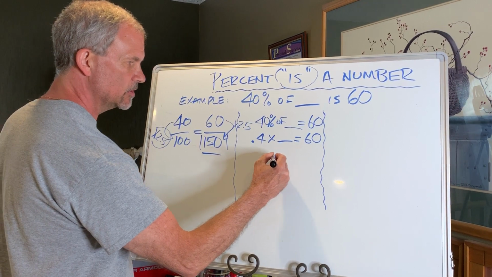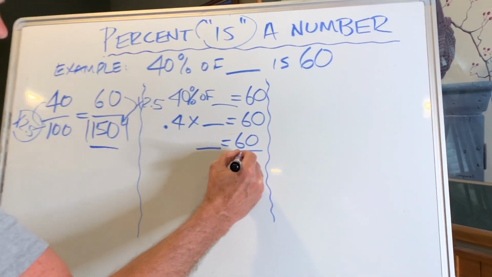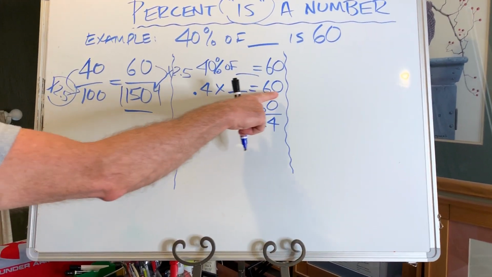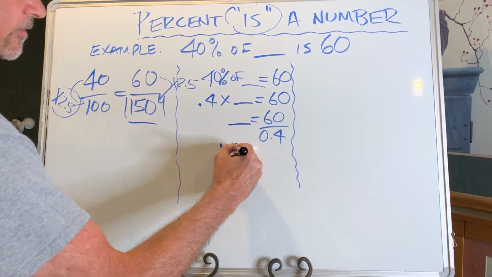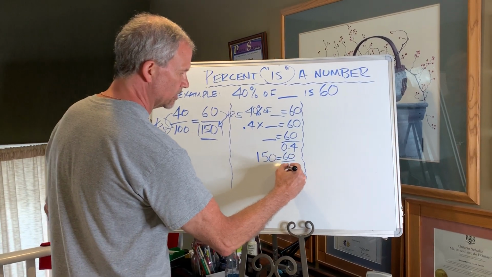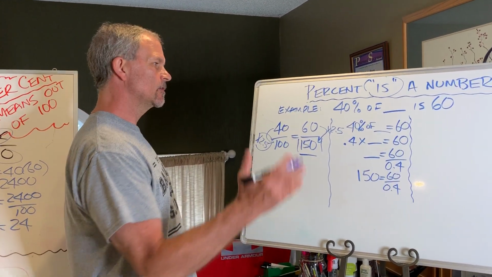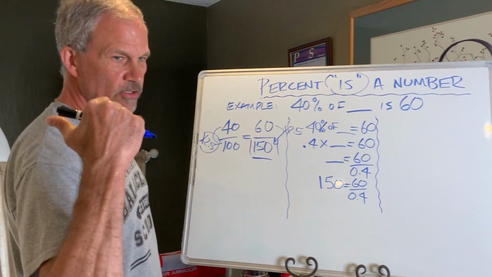So that number is 60 divided by 0.4. Okay, the 60 divided by the 0.4, and that of course is going to be 150. Right, 150 is 60 divided by 0.4. Okay, so there's that second way, changing it to a decimal. I'm using division here. Over here I use multiplication.